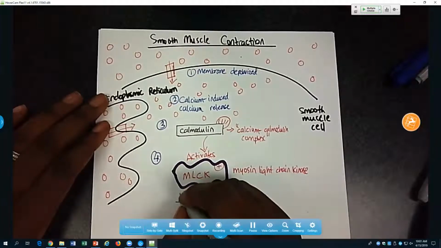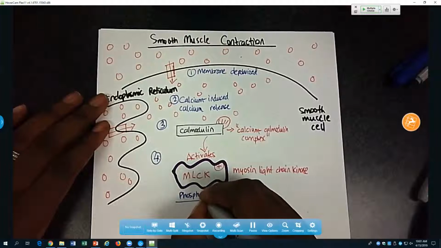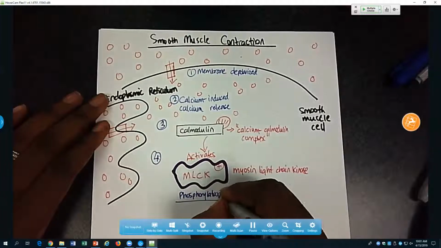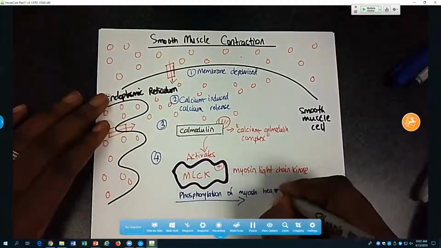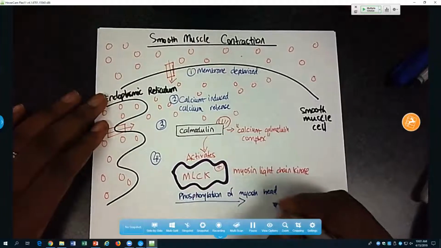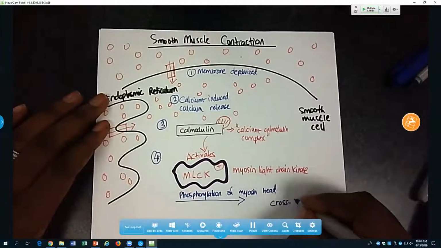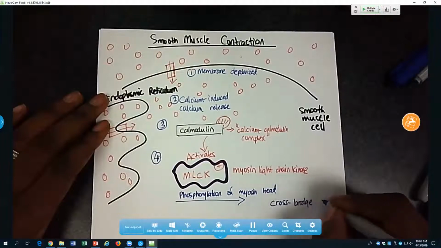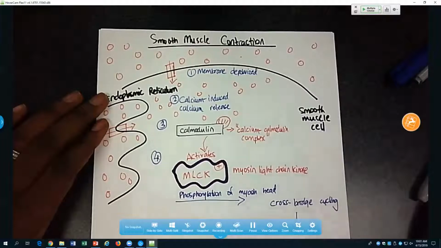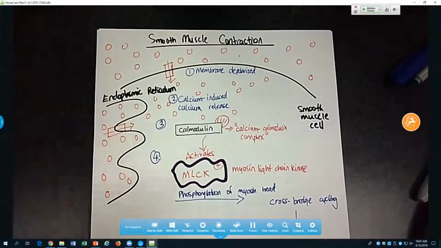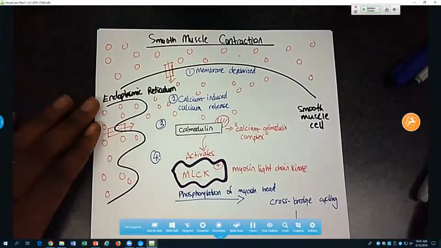So we can have phosphorylation of the myosin head, which basically brings about cross-bridge cycling. And just like what we saw with skeletal muscle, that brings about the shortening or the crumpling in this case of the smooth muscle cell, and that's muscle contraction.